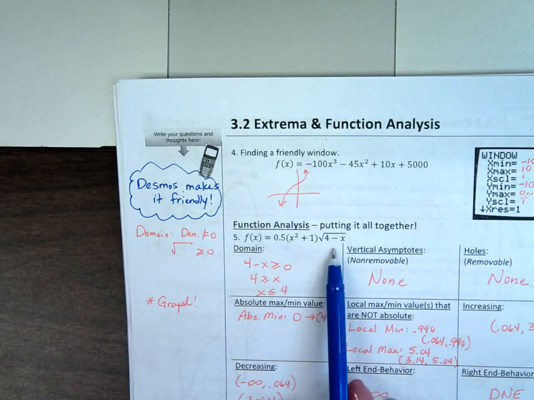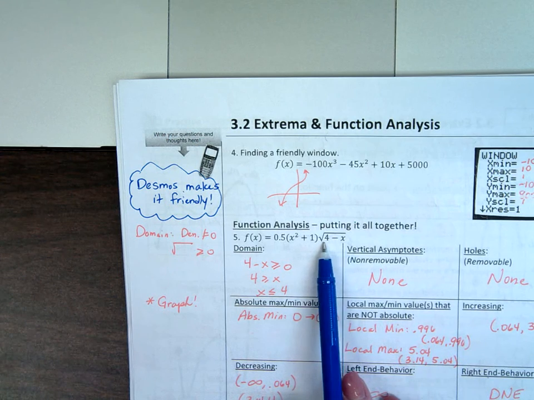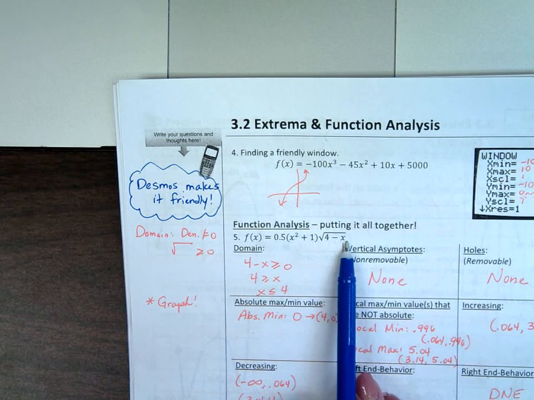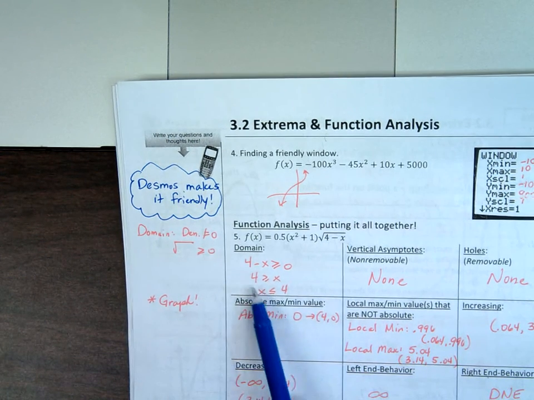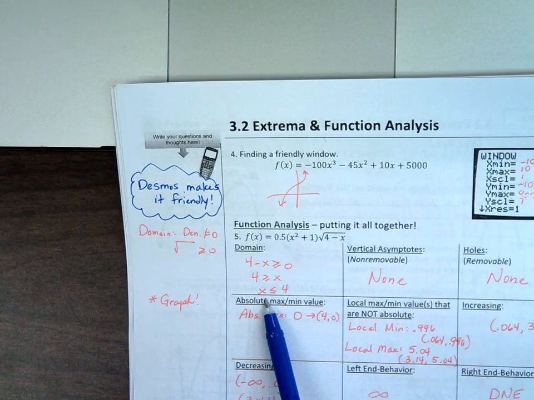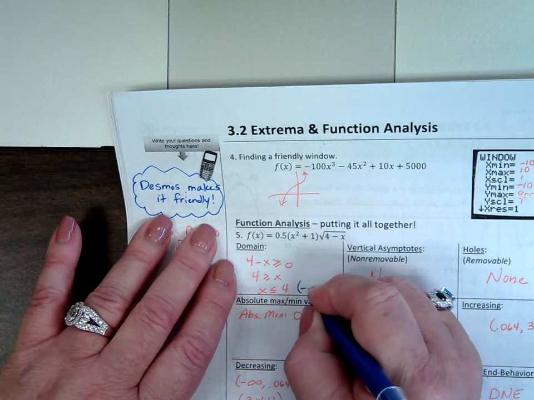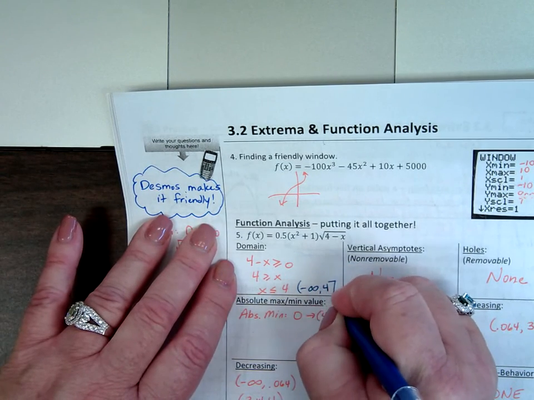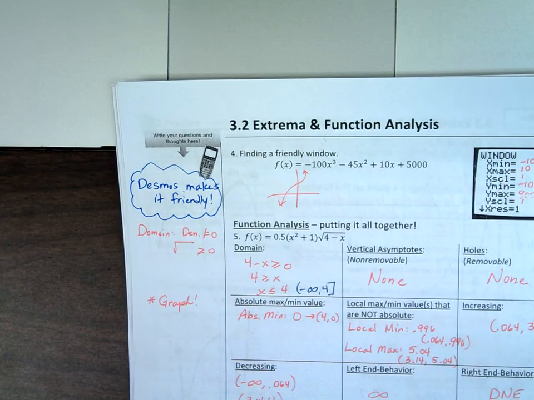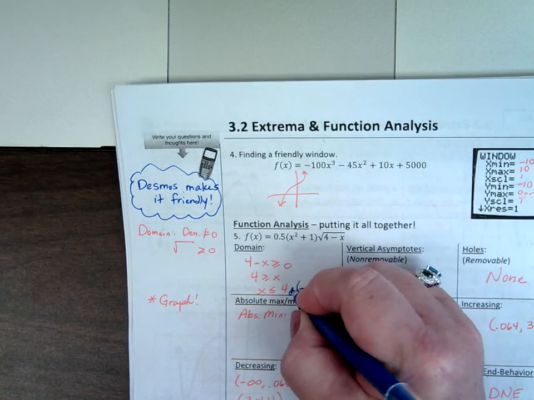That's the same thing as if I looked at the equation from back when we were just doing these. We know that 4 minus x has to stay positive. And so I know that when I solve that out, x has to be less than or equal to 4. Now we just said you could also call that negative infinity to 4 with a bracket from looking at the graph. So I'll put a little or in here.